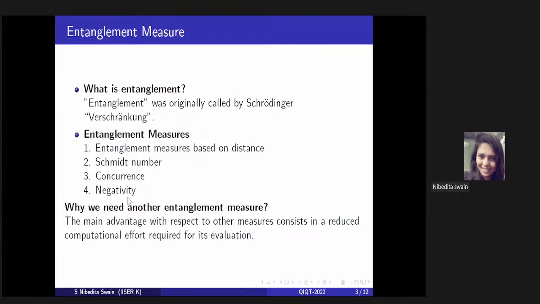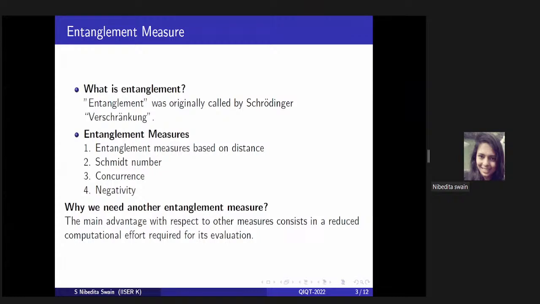The measure is defined as the minimum taken over all decompositions of the state, and the Schmidt number is the number of non-zero Schmidt coefficients. If the Schmidt number is 1, the state is separable, and if the Schmidt number is greater than 1, the state is entangled.